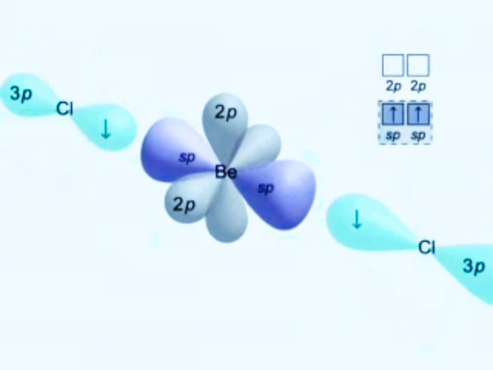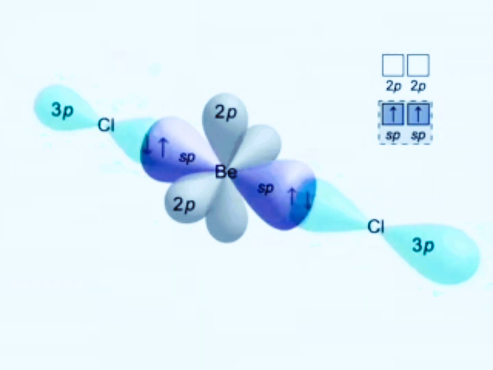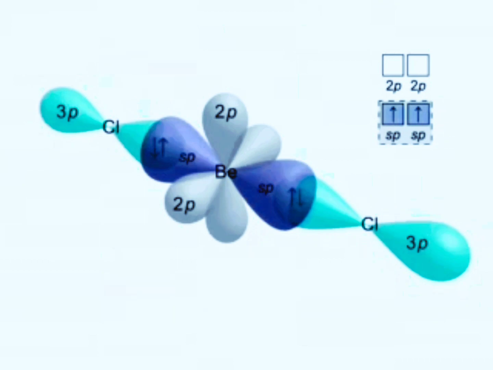In the molecule, beryllium has undergone sp hybridization. The half-filled sp hybrid orbitals overlap the half-filled chlorine orbitals to form two BeCl covalent bonds that are 180 degrees apart. From here on, we'll show electrons within orbitals as dots.